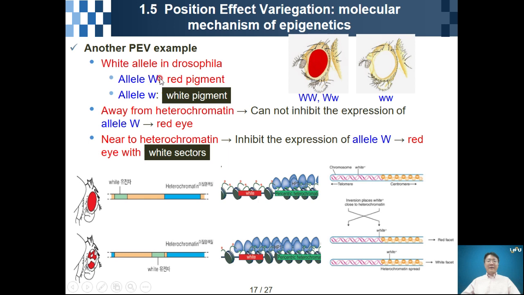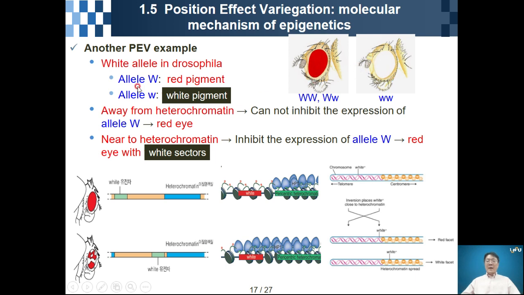Large W allele encodes the red pigment, and small w allele encodes white pigment. Because large W is dominant over small w, in this case large W, they will show the red eye. How about another case? Large W, small w, they will also show red eyes. How about in the case of small w? In this case they will show the white pigment, white eyes like this.